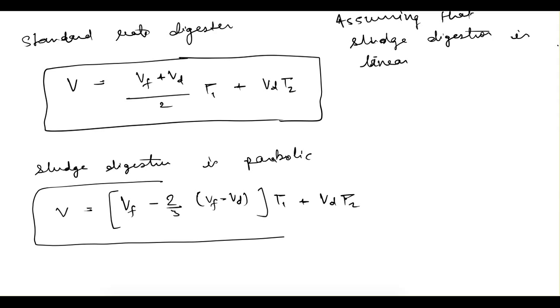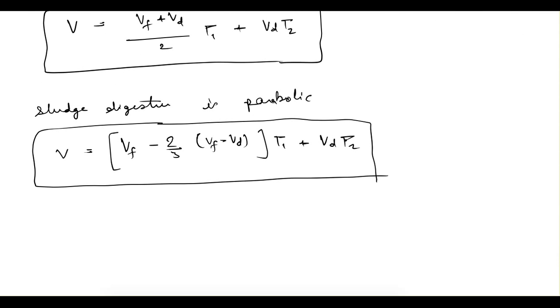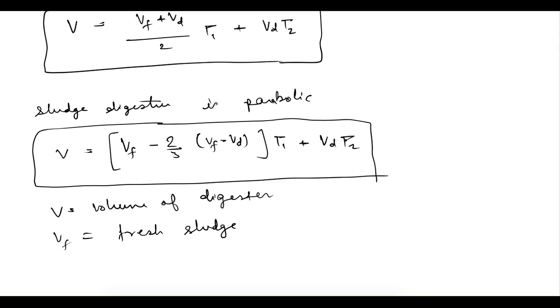So what are these parameters here? V is the volume of digester, and Vf is the volume of fresh incoming sludge per day.